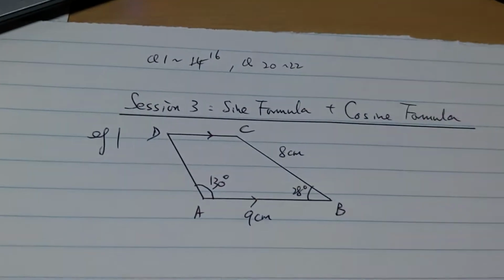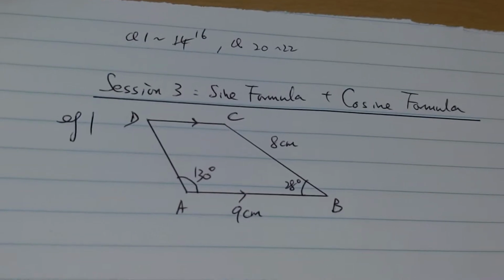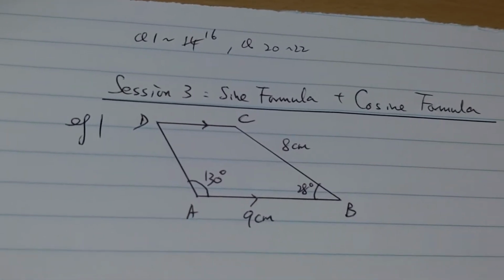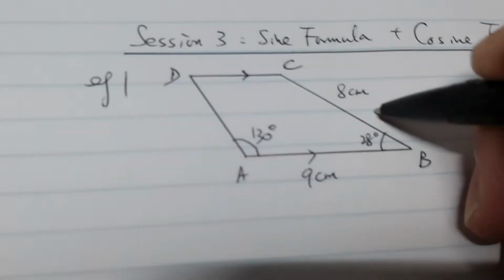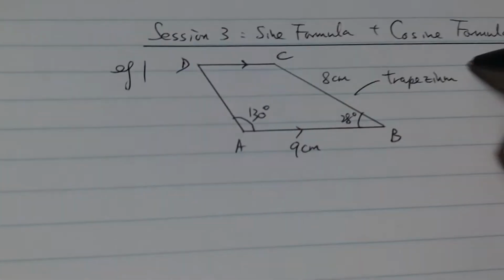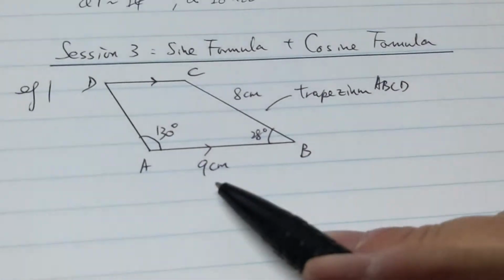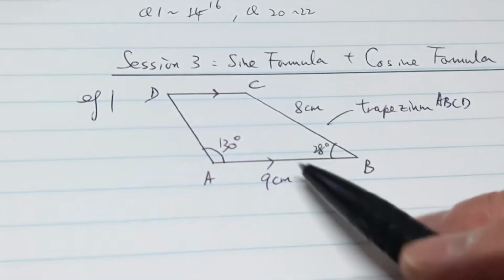So the first example, look at this figure. This is a trapezium. Therefore, AB is parallel to DC.